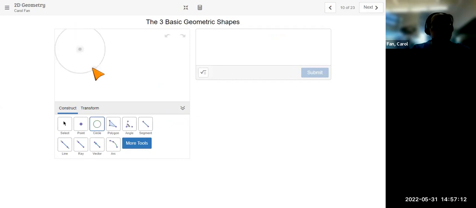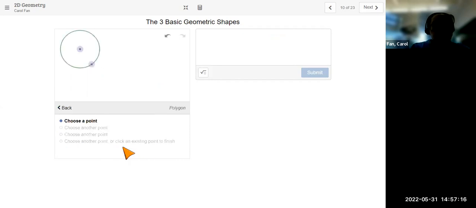The second one we're going to do is a triangle. So click on the polygon button. And when you hit the polygon button, you create your points. Click your last point again if you want it to finish.